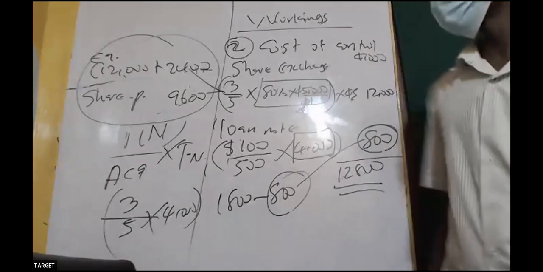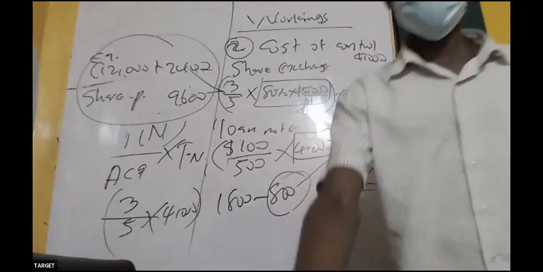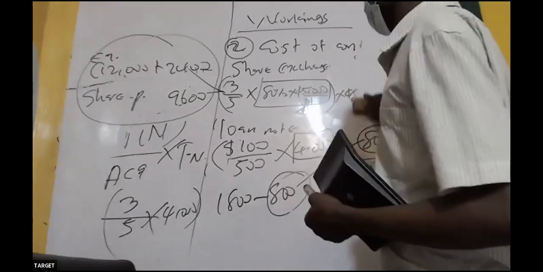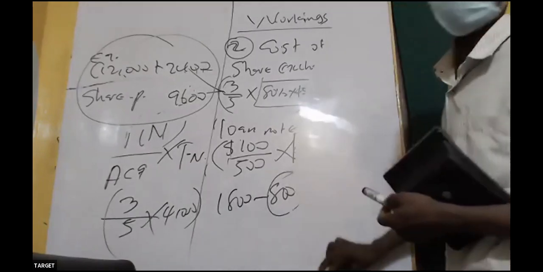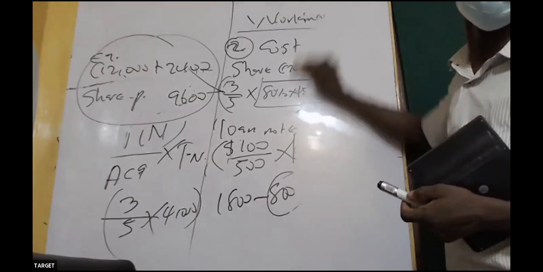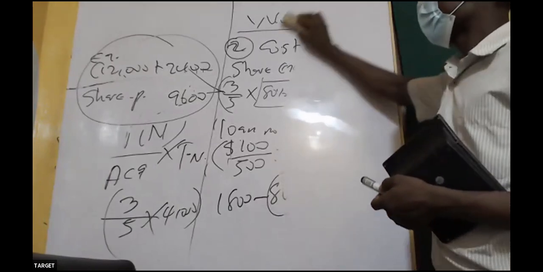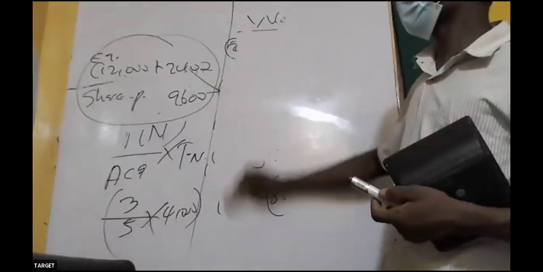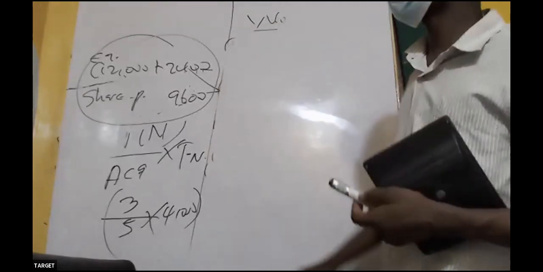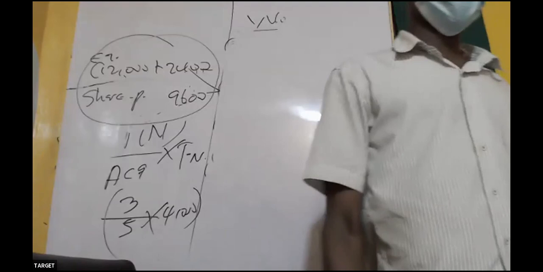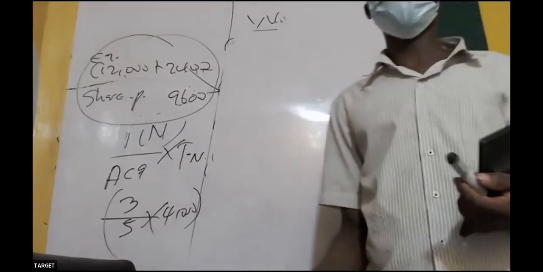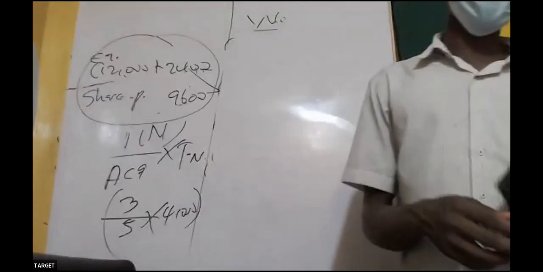So we are done. Let's go to the next working. Working number 3, net asset of the subsidiary. So always loan notes are added to investment. The loan notes, you look at the treatment, how the examiner treated it, and then you have to do what? Reverse it, if it has been added to the consideration.